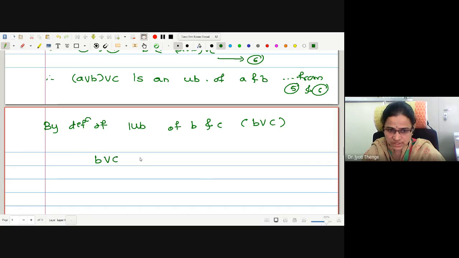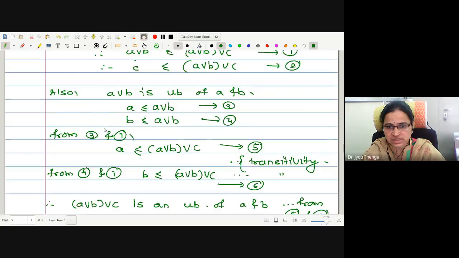B join C is preceded by A join B join C. Okay, from 2 and 6 I will write the reason. From 2 and 6. What do 2 and 6 tell us? Just look carefully.